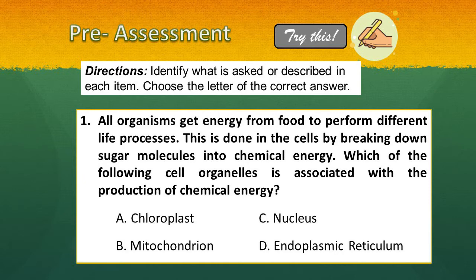This is done in the cells by breaking down sugar molecules into chemical energy. Which of the following cell organelles is associated with the production of chemical energy? A. Chloroplast, B. Mitochondrion, C. Nucleus, D. Endoplasmic reticulum.